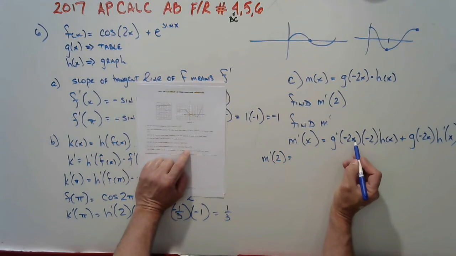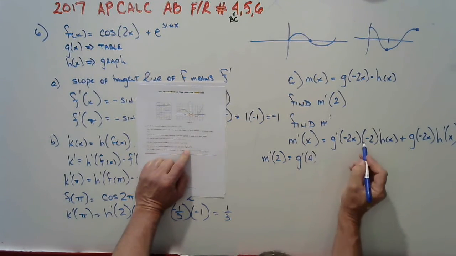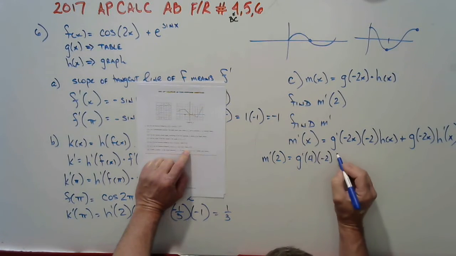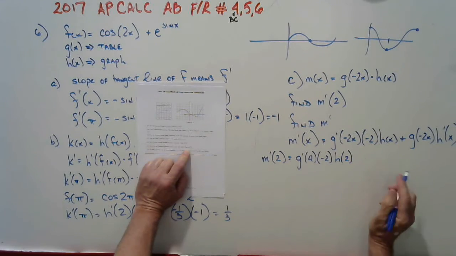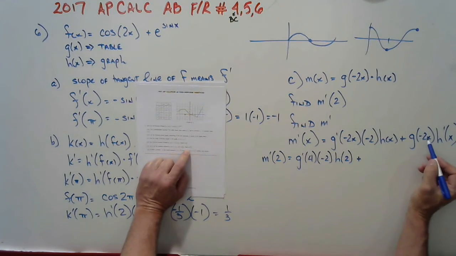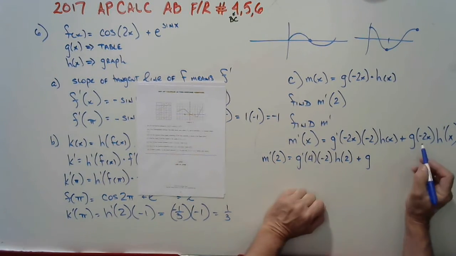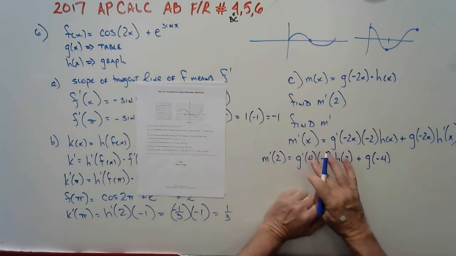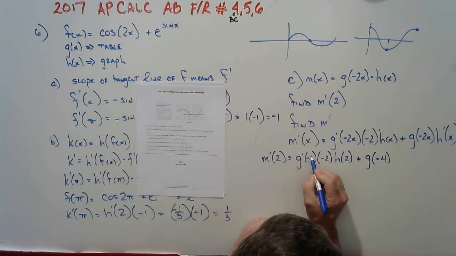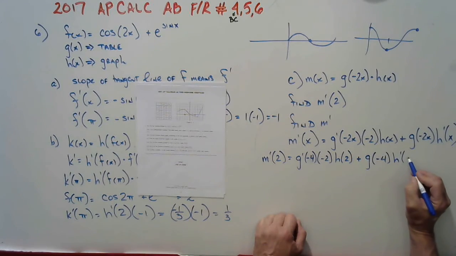That looks like g prime, x is 2, so that's g prime of -4 times -2 times h of 2 plus g of, oh, I'm so sorry, that's going to be g of -4, right? So this is supposed to be a -4 right here, isn't it? There we go. And now that's going to be h prime of 2.